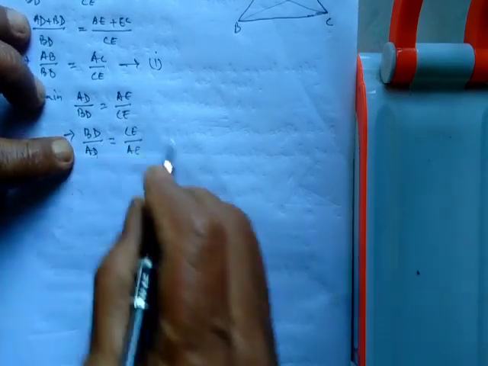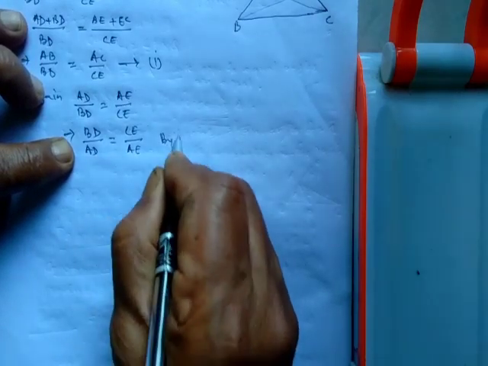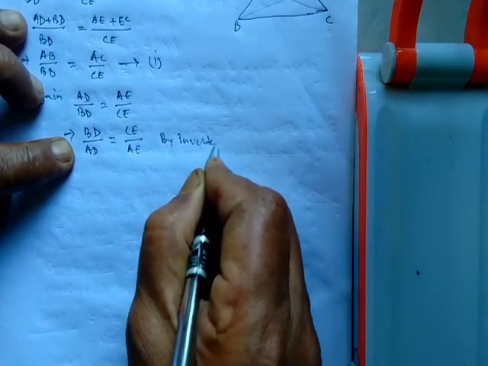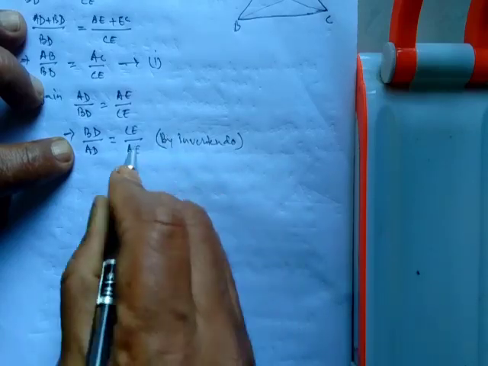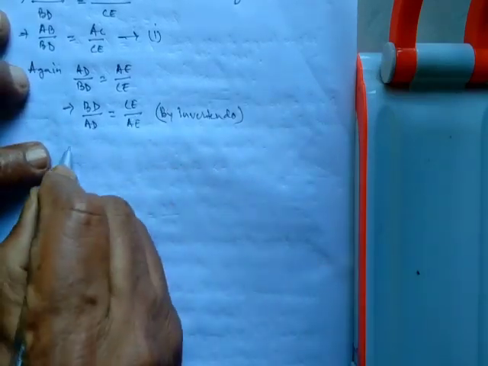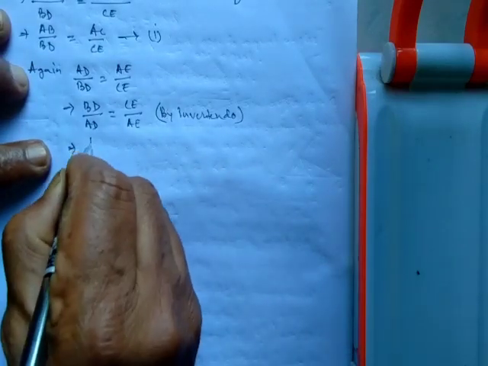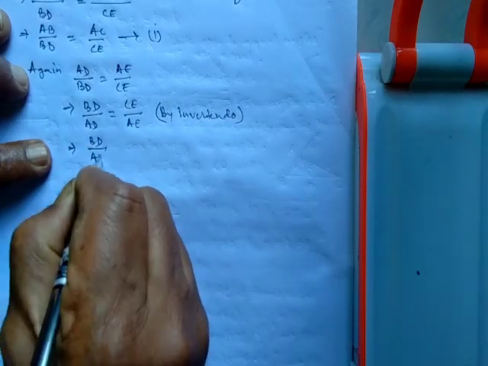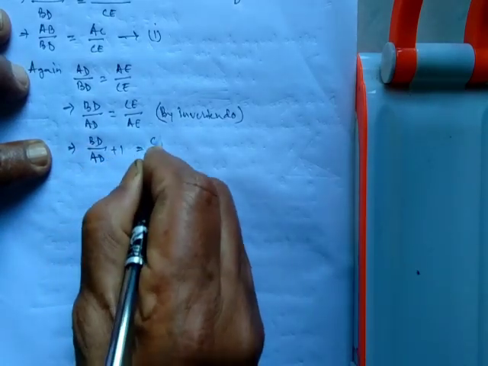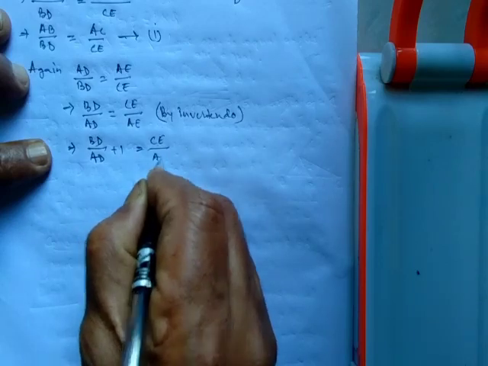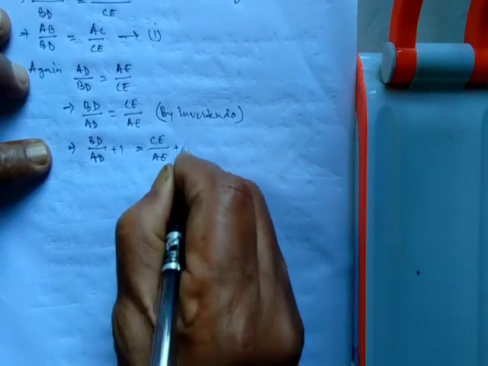This is invertendo. Now I will add 1 to both sides as before. BD by AD plus 1 is equal to CE by AE plus 1.